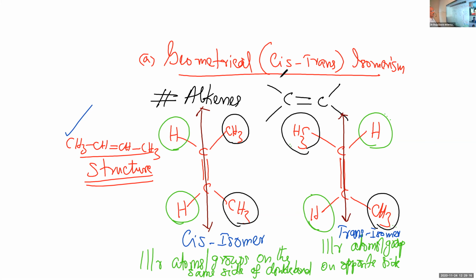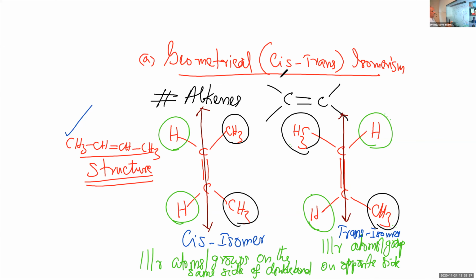If similar atoms or groups are on the same side of the double bond, then that isomer is called a cis isomer. And if similar atoms or groups are on the opposite sides of the double bond, it is a trans isomer.